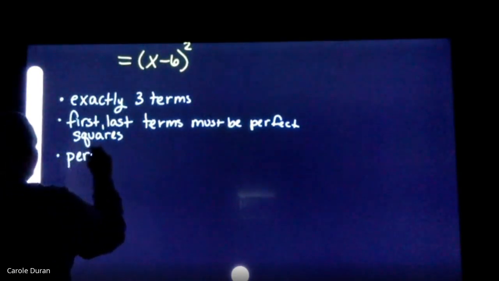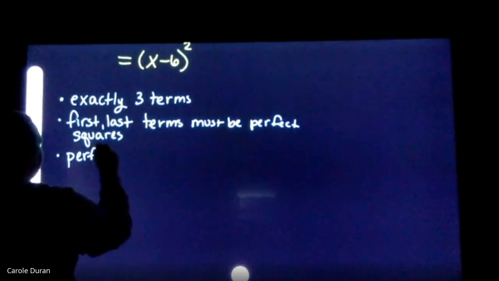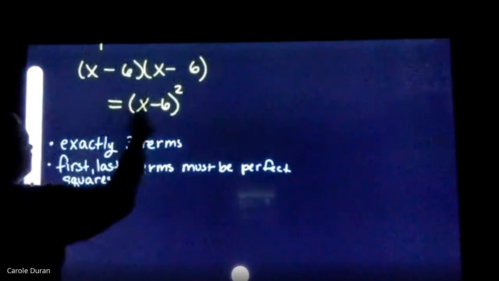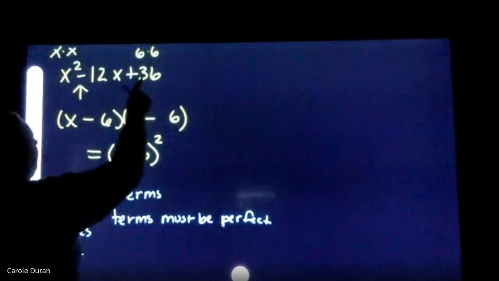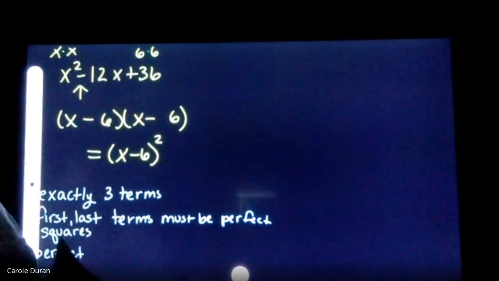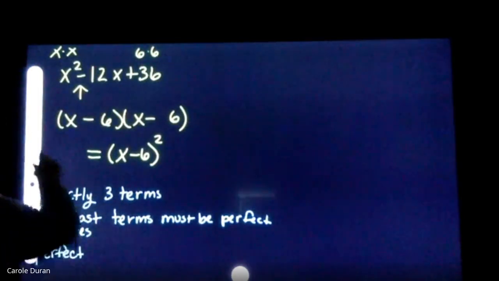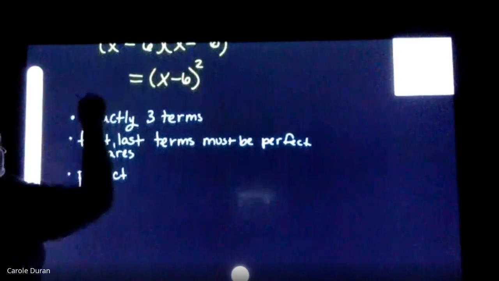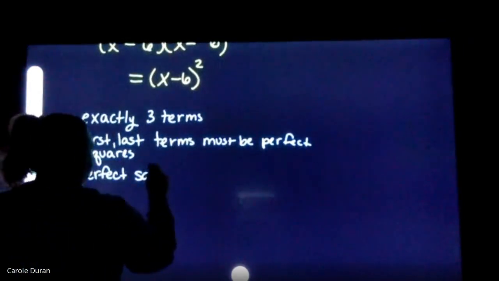The perfect squares must be positive. So this wouldn't work if my last value was a minus 36, because no number times itself is ever going to equal a negative. So the perfect squares must be positive.